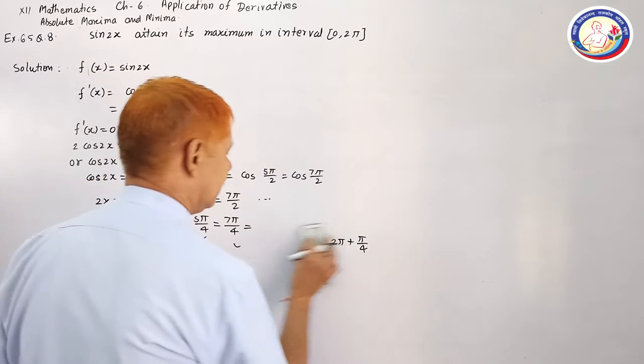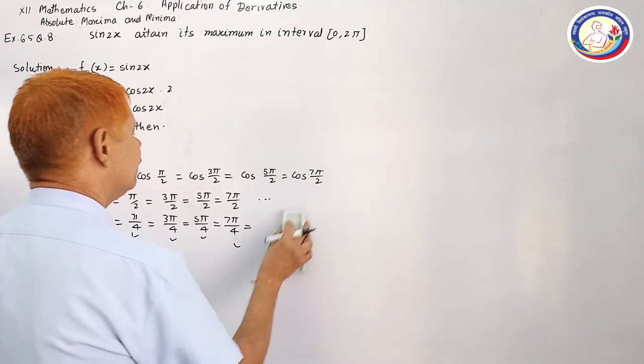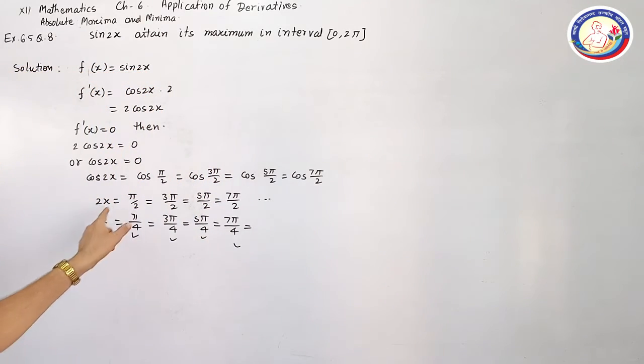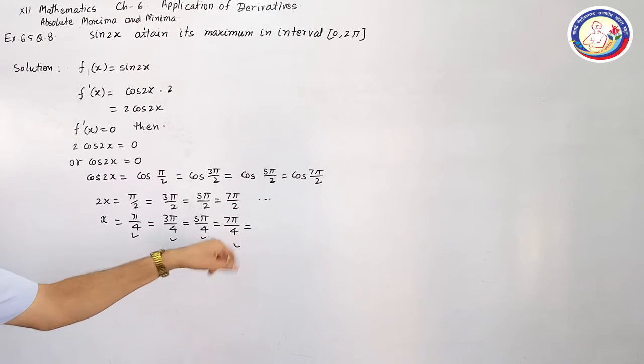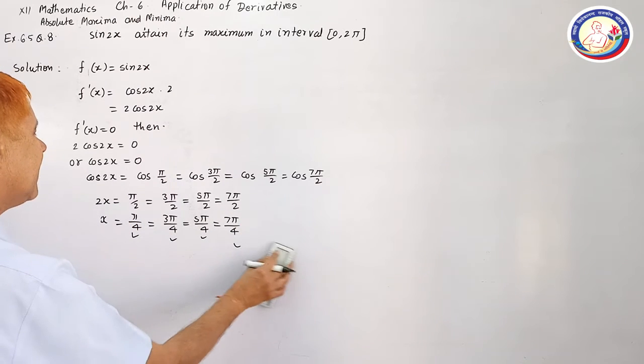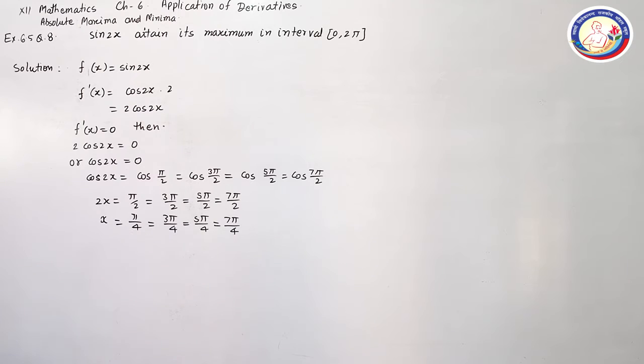But the values which will serve our purpose will be only these 1, 2, 3, 4 values. So these are critical points. Pi by 4 is a critical point for this function sin 2x. Again 3 pi by 4 is a critical point. Again 5 pi by 4 is a critical point.